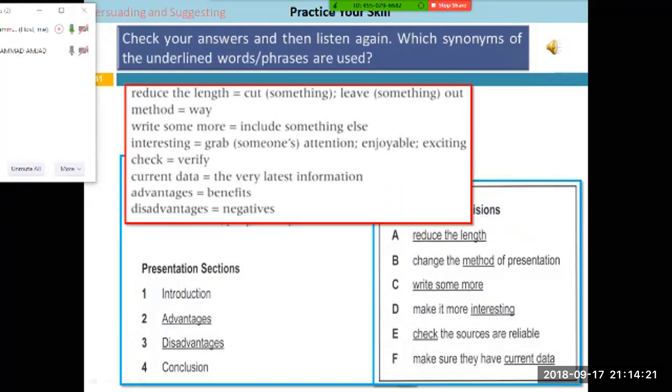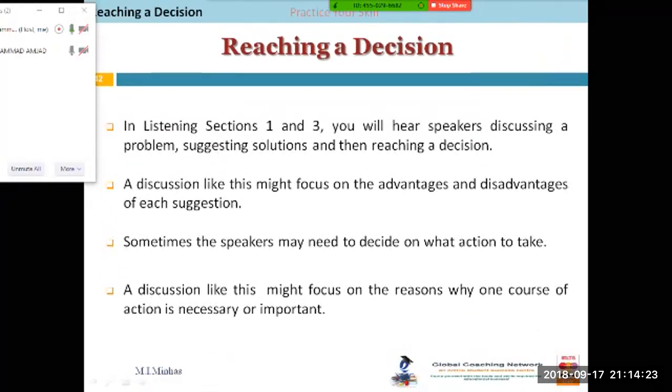Now let's start today's lesson, that is reaching a decision. There are two different things: one is reaching a decision, and the other is reaching an agreement. In section 1, if you remember, there's an exchange of information.